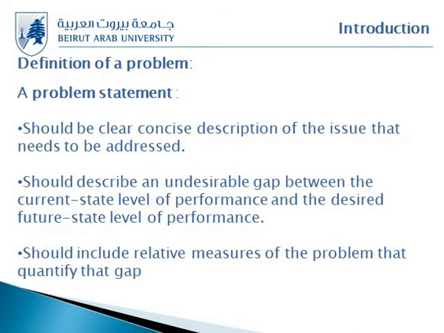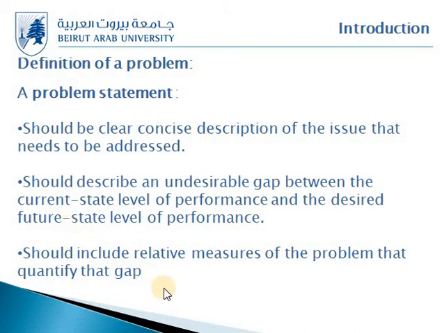So you have to write your problem statement. It should be clear description of the issue that needs to be addressed. It should describe the undesirable gap between the current situation and the current performance level and the desired state level of performance that you wish to get in the future.